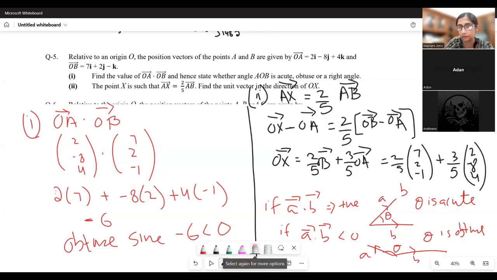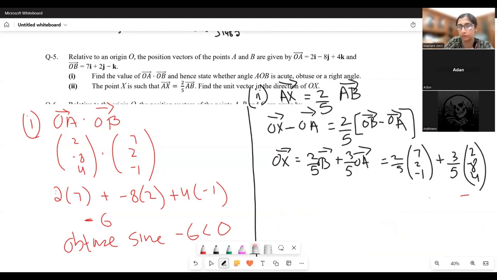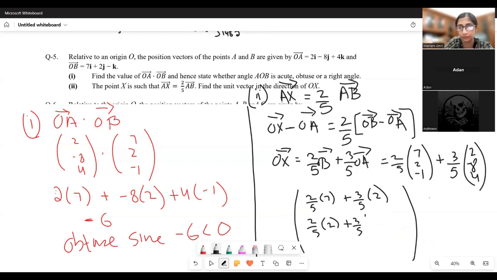So let's see what that is. It's going to be 2 by 5 times 7 plus 3 by 5 times 2. Then 2 by 5 times 2 plus 3 by 5 times minus 8. And then 2 by 5 times minus 1 plus 3 by 5 times 4.